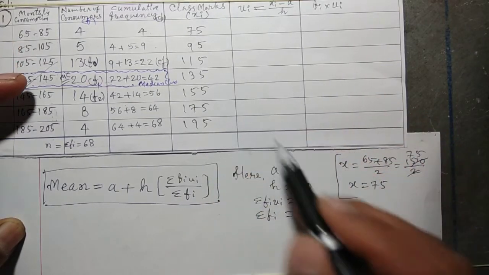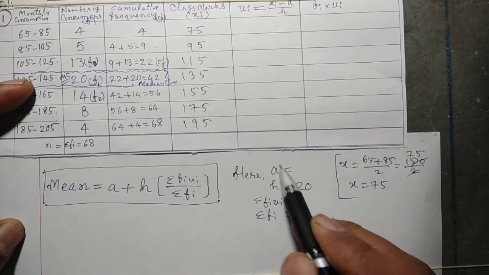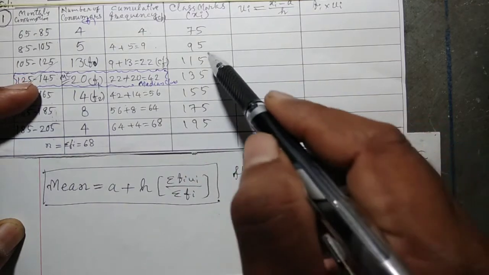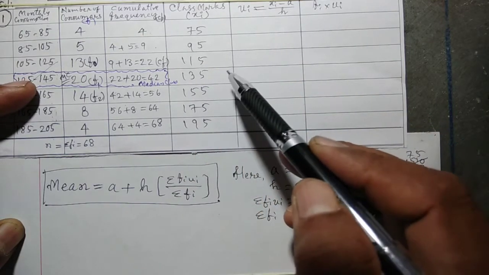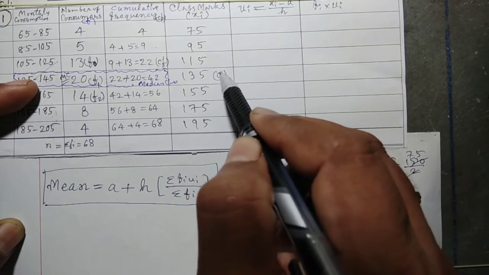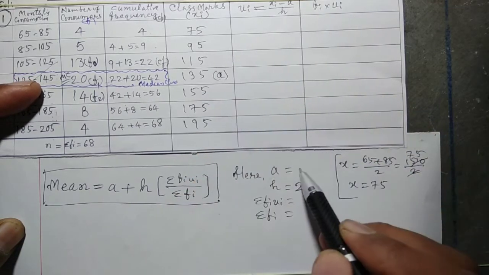Next we have to know A, the assumed value, from these class marks. Generally we take the middle value, so this is a suitable middle value only. So A is equal to 135.